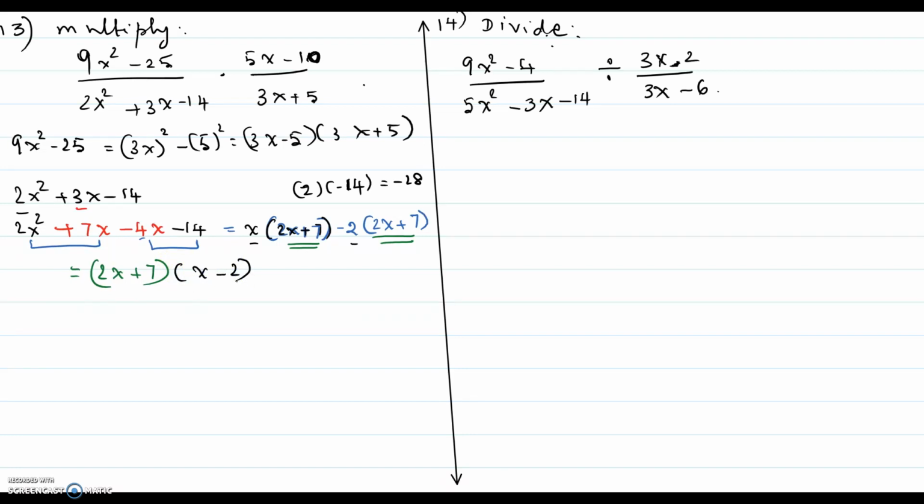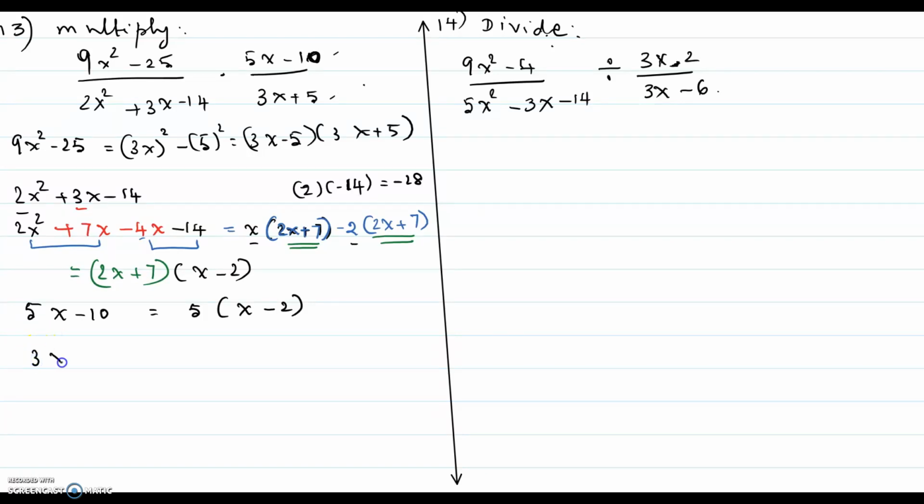So now we have factored the numerator and the denominator of the first expression. Then we will consider 5x − 10. In this one, 5 is a GCF, pull that out, times (x − 2). And then 3x + 5 cannot be factored any further, so leave it alone. So now we'll put the expressions in the factored form.